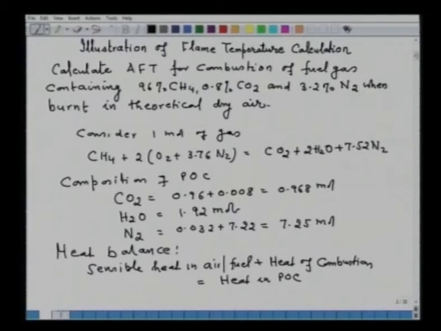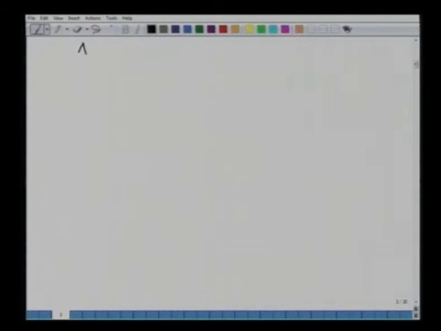Now as you note, the air and fuel gas are supplied at 25 degrees Celsius. Air and fuel gas, they are at 25 degrees Celsius, and mind you, the reference temperature for our calculation is 25 degrees Celsius.